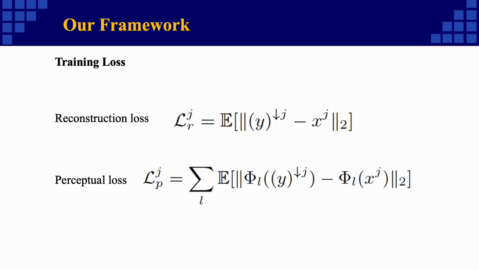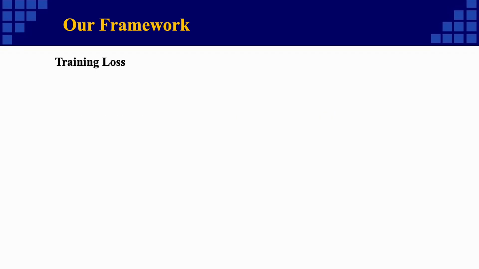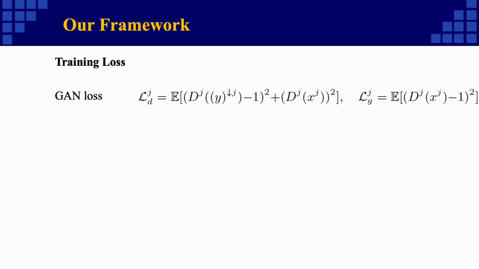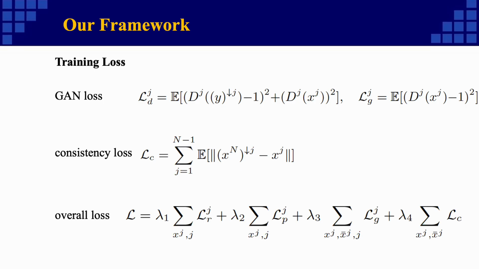Besides the reconstruction loss at pixel level, we also use a perceptual loss. In addition, we apply the adversarial loss with a discriminator at each scale. We also use a consistency loss term to encourage the similarity between the generated outputs at different scales. In summary, the total loss to train our generator at the j scale can be written as this, where lambda 1 to lambda 4 are loss weights.